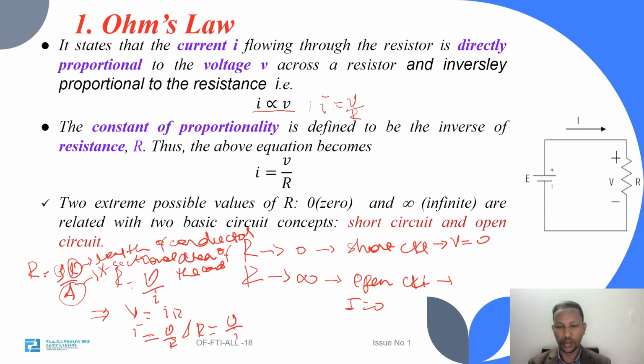For example, consider copper and aluminum. Copper has a very low resistive value, and aluminum has a high resistive value. So the resistance of aluminum is greater than the resistance of copper. We can determine the resistance using this formula.